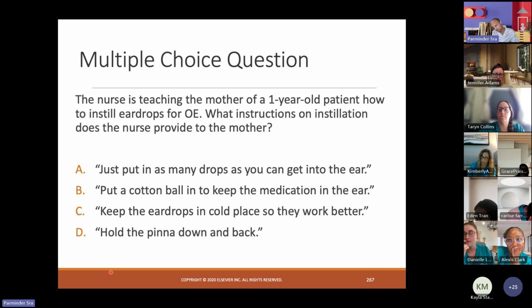If they are lying sideways, affected ear up. And if it's both ears, then make sure at least 5 minutes after instilling the eardrops, they stay in the same position and then turn around using the other one. We need to give enough time for that drug absorption to be localized.